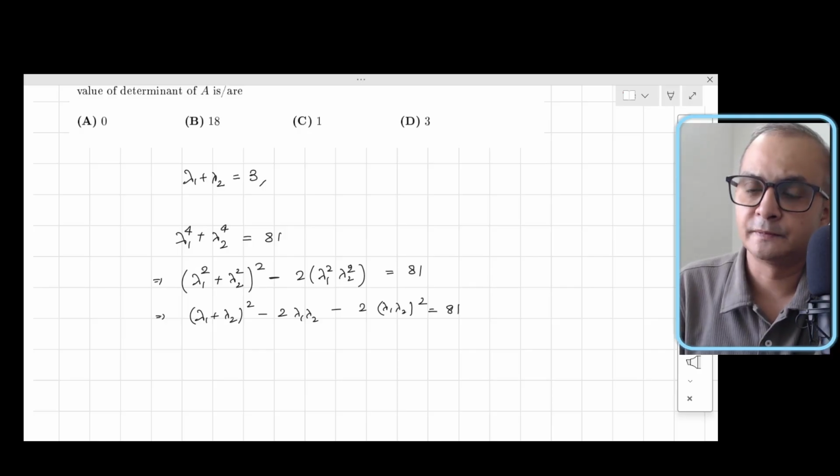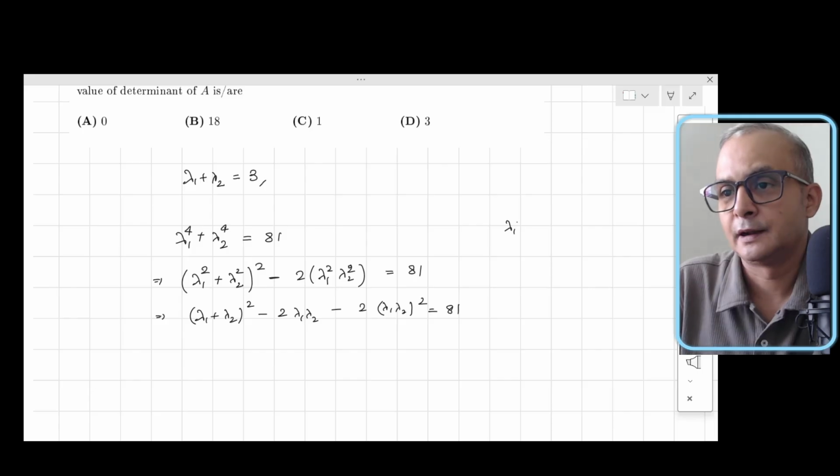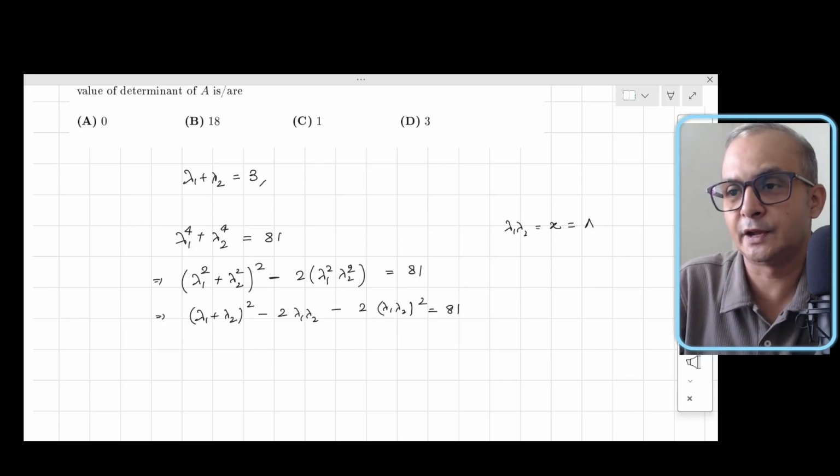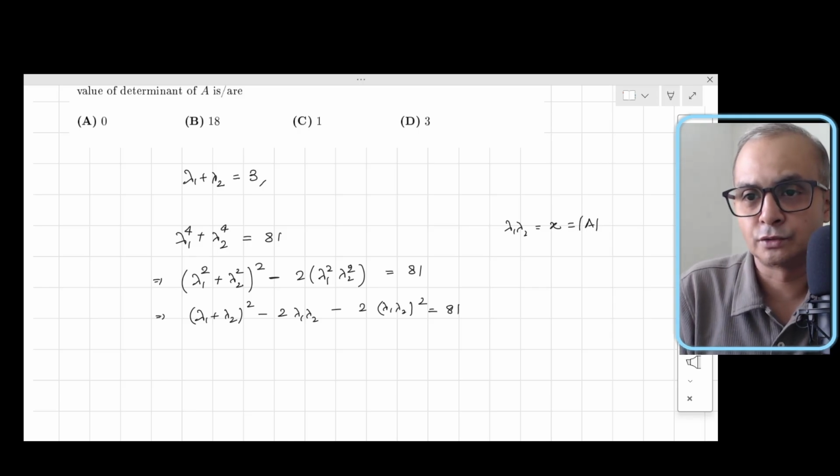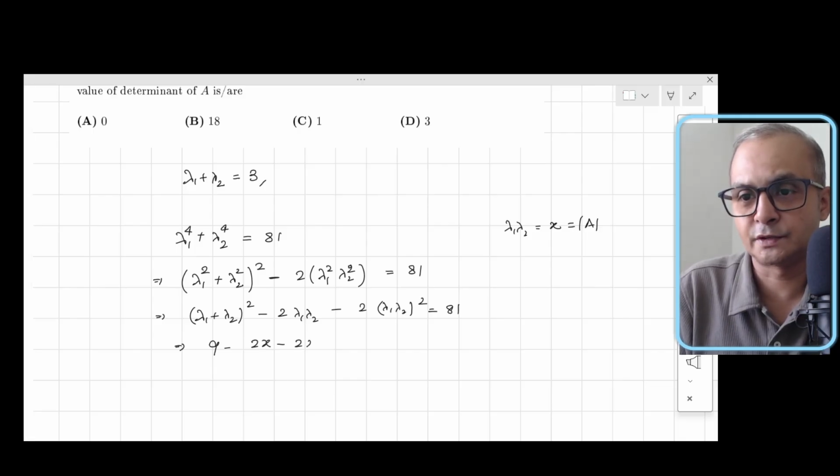I have to find lambda 1 into lambda 2. Assume it is a number x, the determinant of the matrix A.